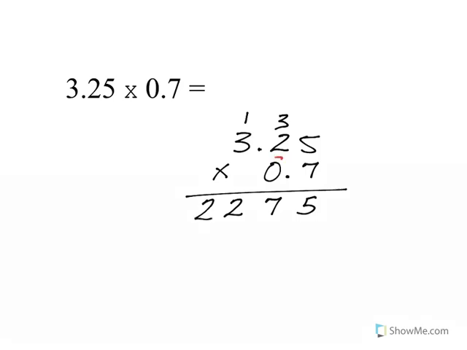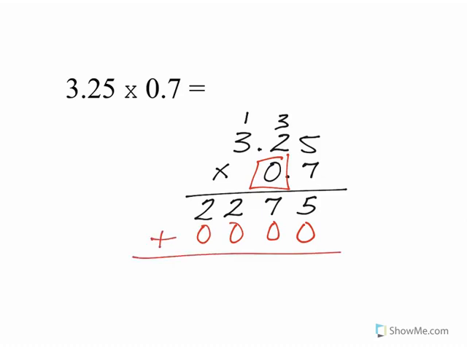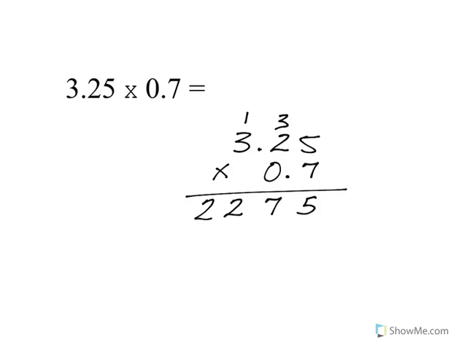Now this 0, I could put a 0 to hold my place and multiply by that 0, which 0 times 5 would be 0, 0 times 2 would be 0, 0 times 3 would be 0, and then I could add all of that together, and it's just going to be adding zeros. So because that 0 is at the beginning of my number, I can really just ignore it and know that it's not going to make any difference in my answer.